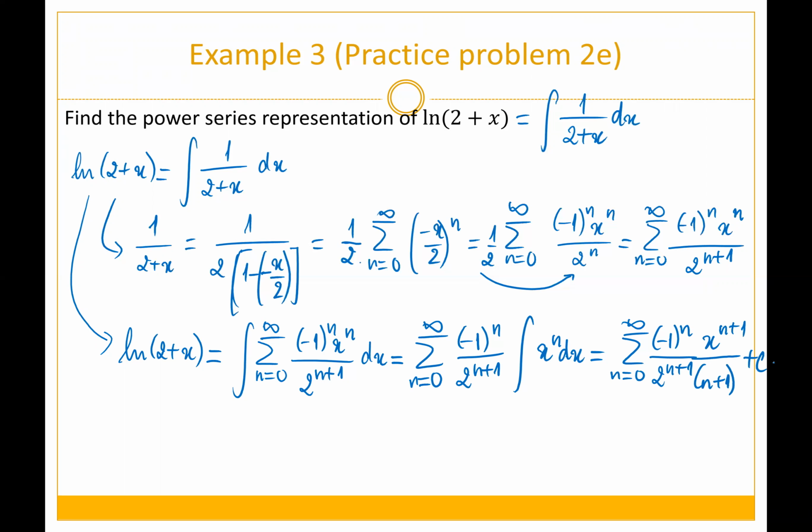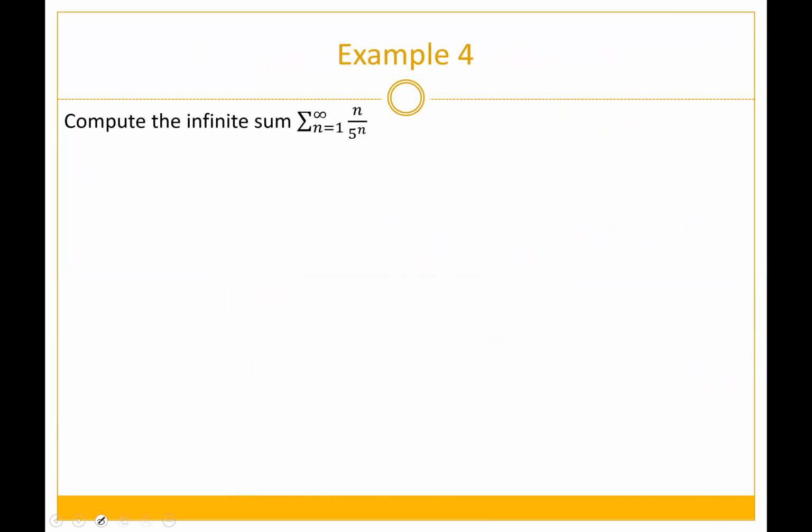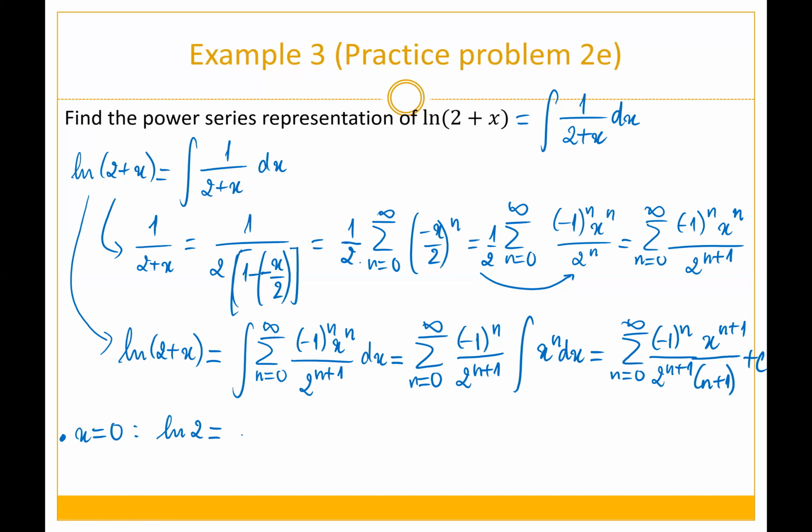Not too challenging, and it makes good sense of what we're looking for at the same time. You can find what c is by putting x equals 0. You're going to have ln of 2 equal to, this entire thing is going to become 0, so equal to c.